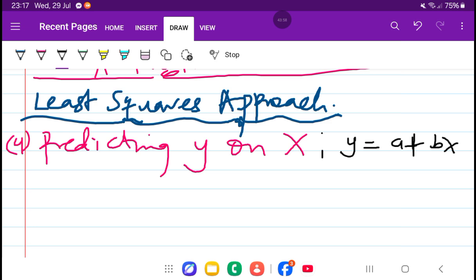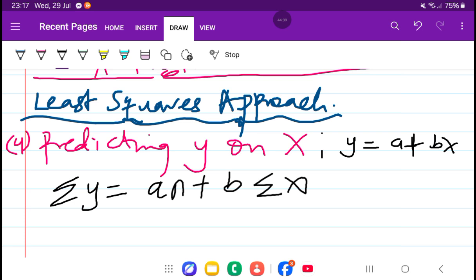So there are situations where you can just solve these items. You can have two equations. Equation 1: summation y is equal to a times n plus b summation x.